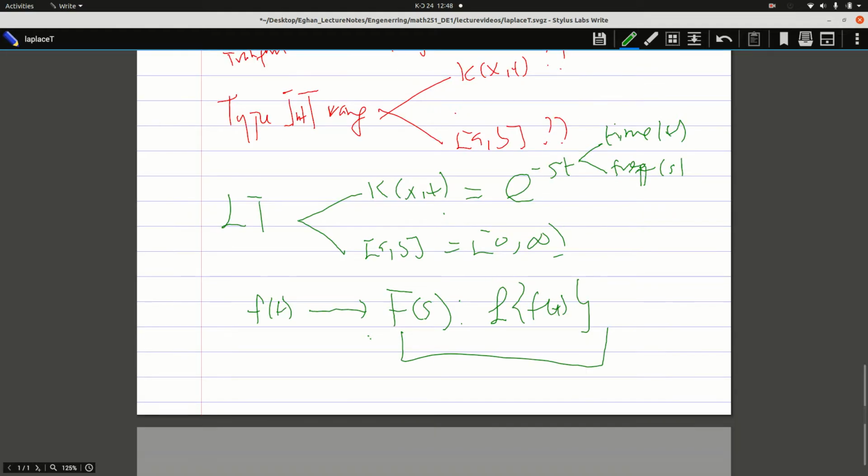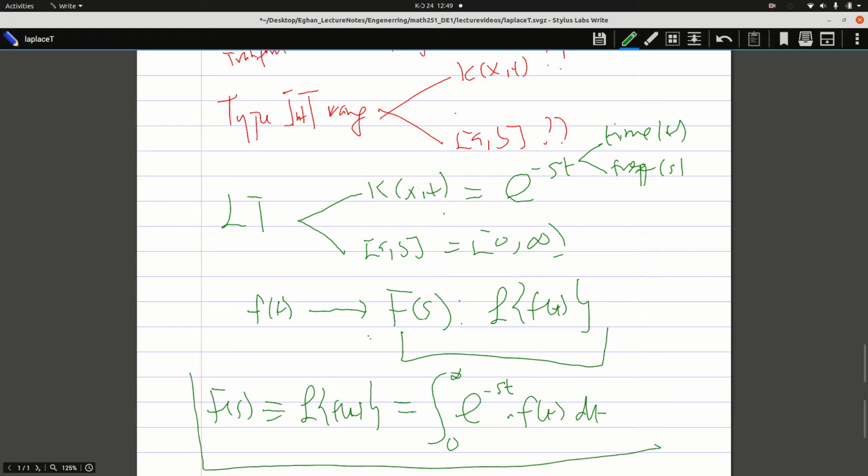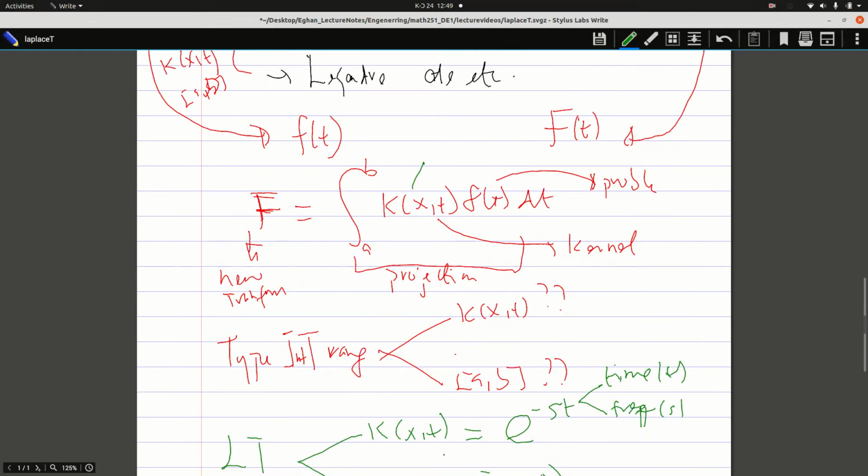And so big F of s, which is equivalent to the Laplace transform of f of t, is given as the integral from 0 to infinity, the kernel e to the negative st, times the original problem f of t. So what I did is to substitute what this kernel is and what these limits are to define the Laplace transformation.